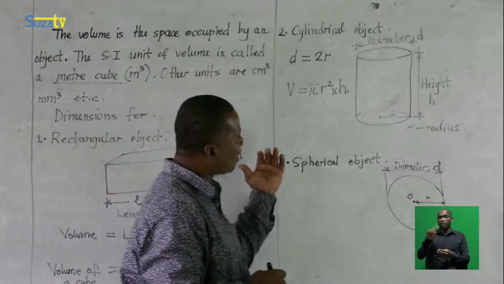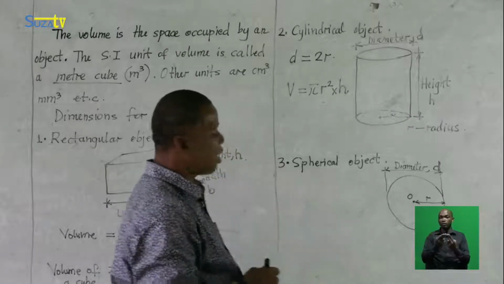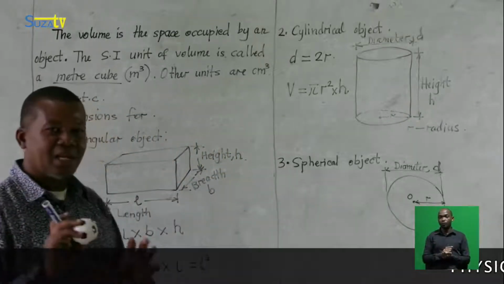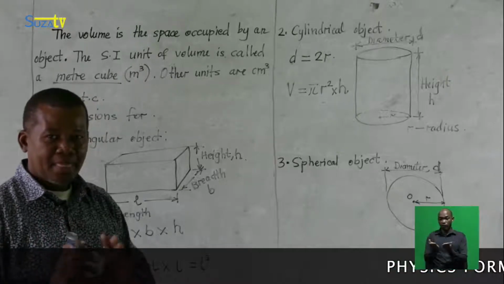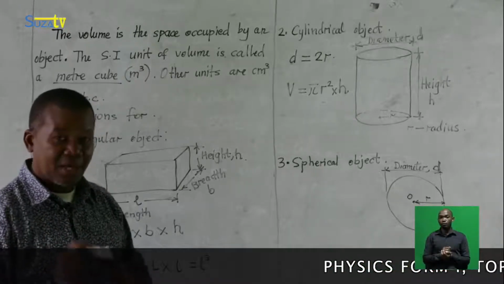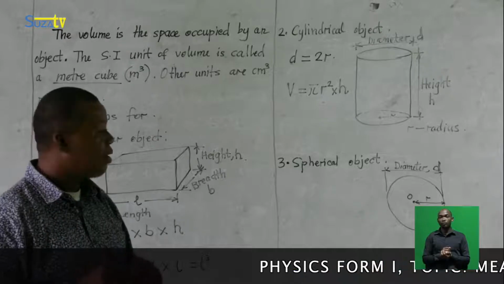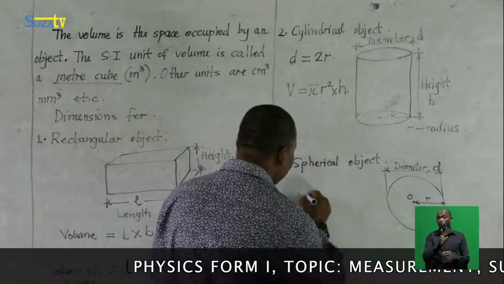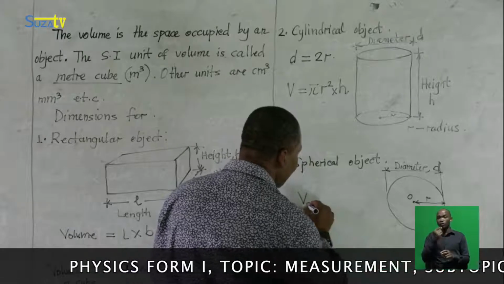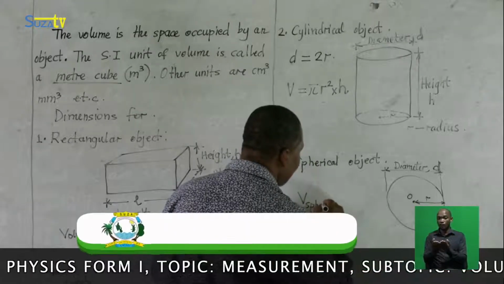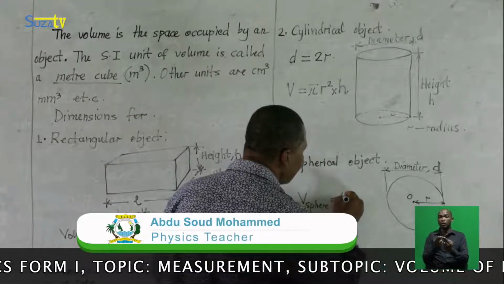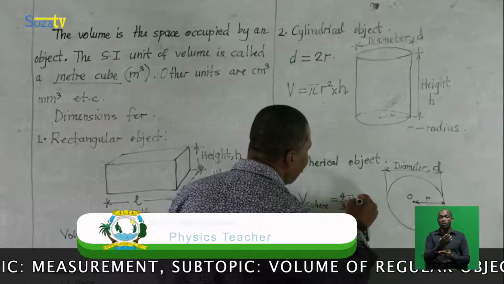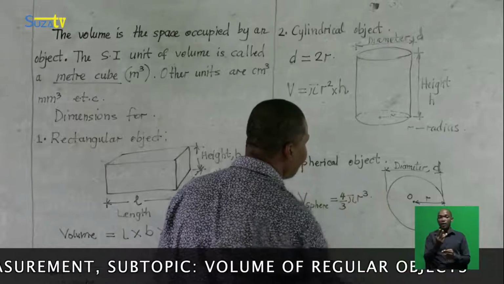Then, after that, we have the spherical object. So what is the volume of the spherical object? Are you ready for that? Okay, thank you. So the volume for the spherical object, we can say the sphere, is equal to 4/3 pi r cubed.